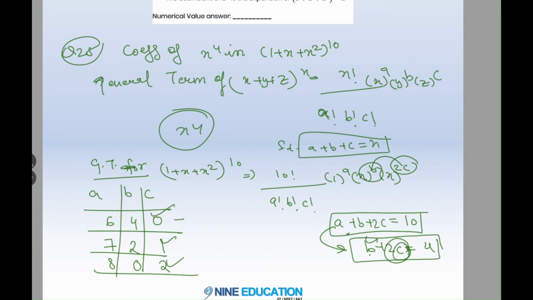Let's add them up. The first case you will have 10 factorial by 6 factorial, 4 factorial, 0 factorial. For the next case you have 10 factorial by 7 factorial, 2 factorial, 1 factorial. Third case is 10 factorial by 8 factorial, 0 factorial, 2 factorial.